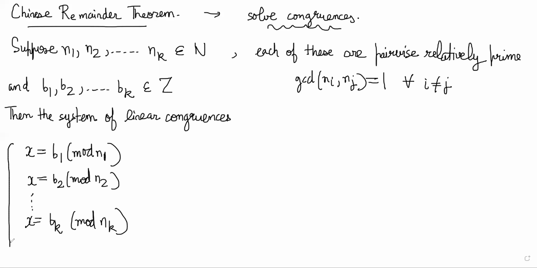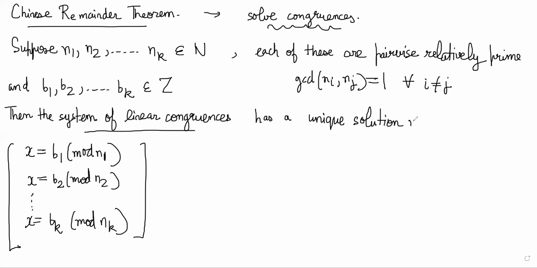Now, suppose this system of congruences is given to you and you are supposed to find x, right? So the theorem says that this system of linear congruences has a unique solution modulo n1, n2, n3 till nk, this product.